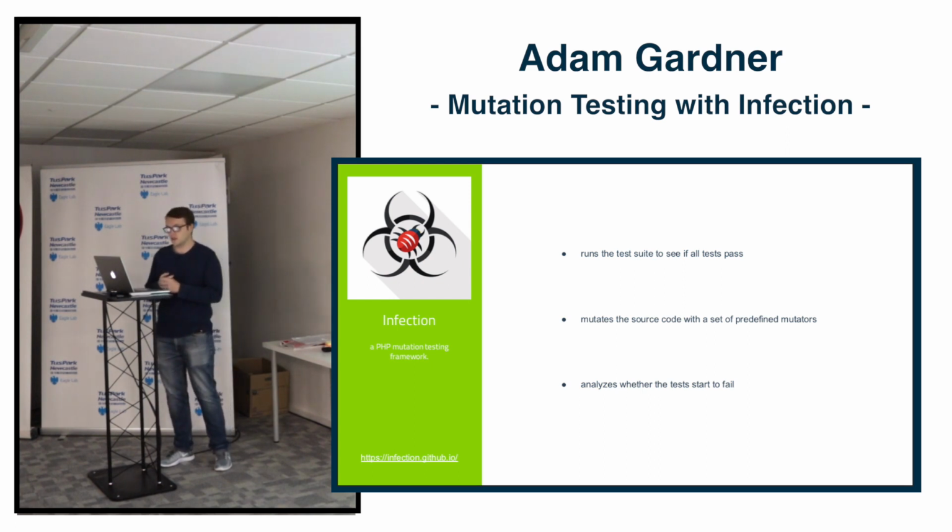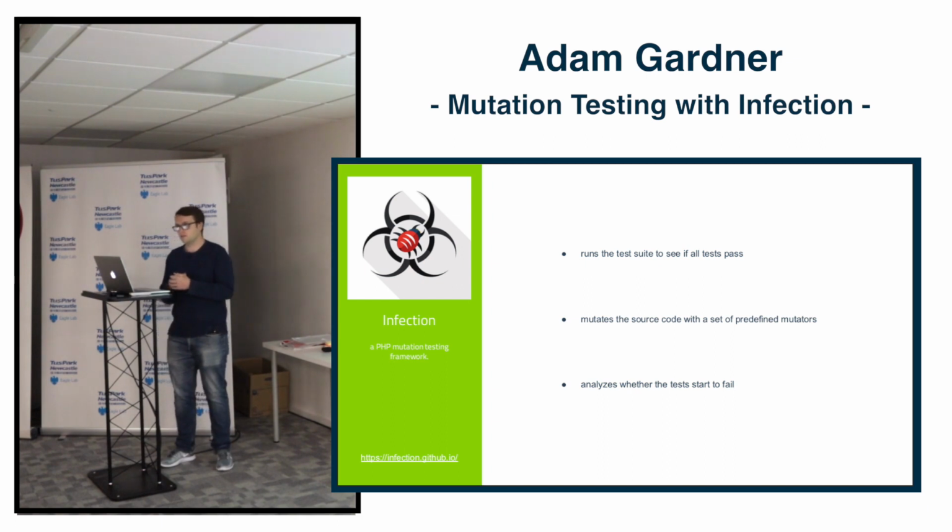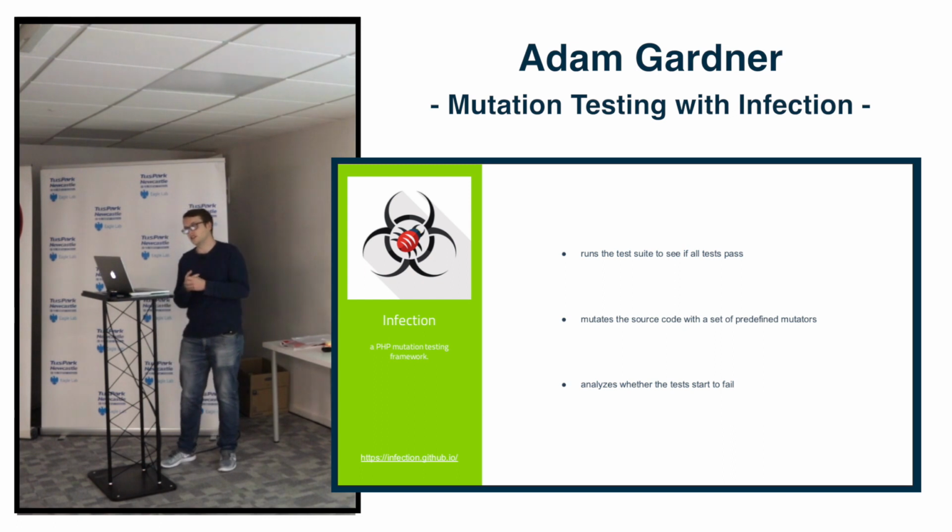It runs the test suite to see if all of them pass. You can't run the mutations if your tests are failing, so you need all your tests to pass, and then it will run the infections on them. And then it's mutating the source code with a set of predefined mutators.